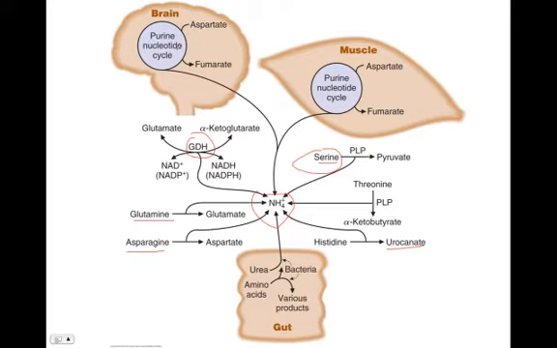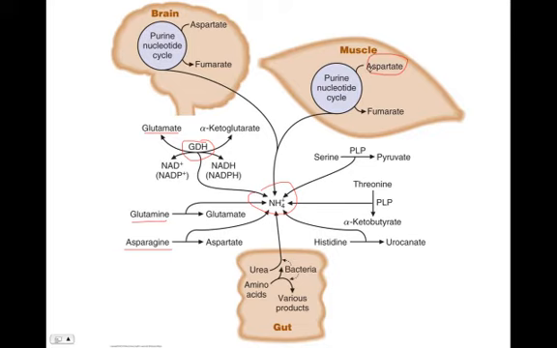You'll also notice the purine nucleotide cycle in both the brain and the muscle. In both the brain and the muscle, ammonium released by amino acids can be scavenged by glutamate. Glutamate will then transfer that nitrogen to oxaloacetate to generate aspartate.